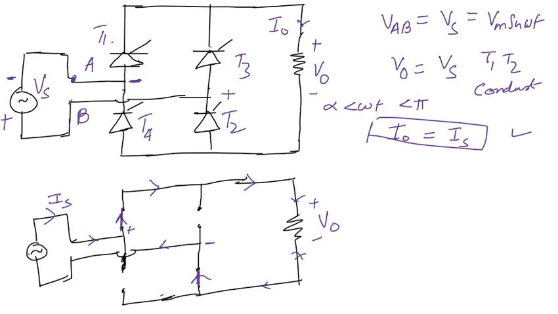Because of this, T4 will conduct and T1 will be off, because of the forward bias nature. T2 will be off, and T3 will be conducting because of forward bias. So if you give the triggering pulse to T4 and T3, they will start conducting. So what will happen to this? Let us check the current waveform also.